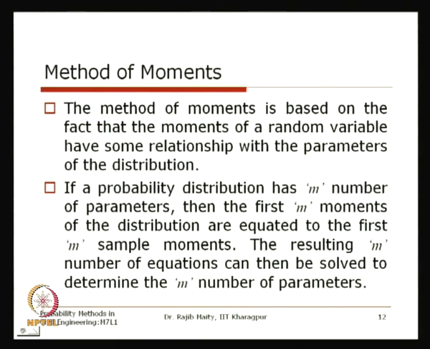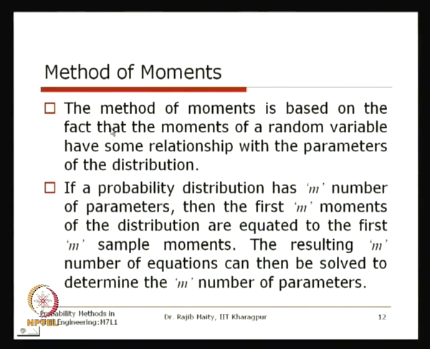The first moment with respect to the origin is the mean. From the second moment onwards, we generally take it with respect to the mean, and that gives the expression for the spread of the distribution. We have also discussed that the first moment with respect to the mean is 0.